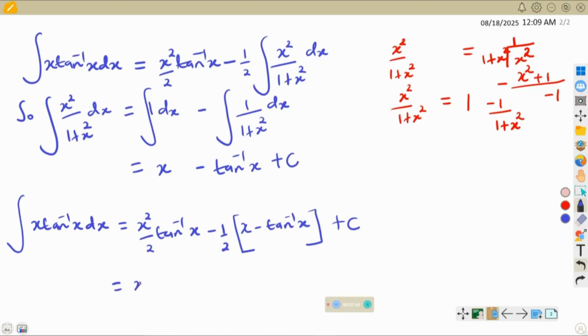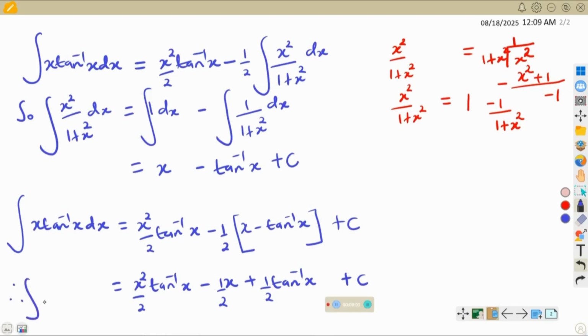So I end up having x squared divided by 2 tan inverse x minus a half x, then plus a half tan inverse x plus a constant c.